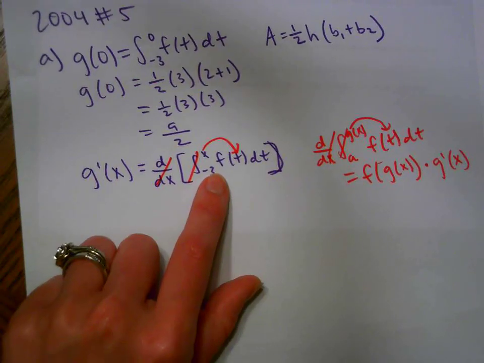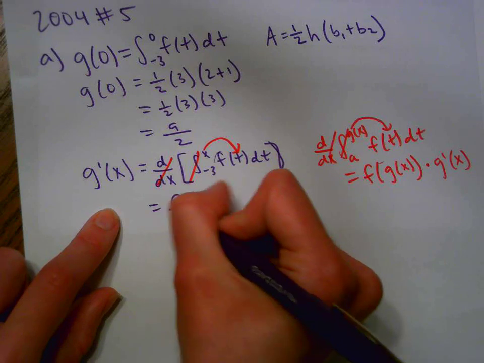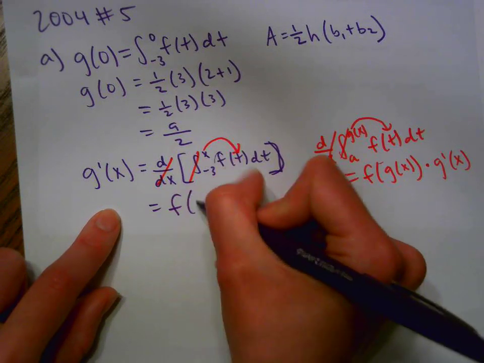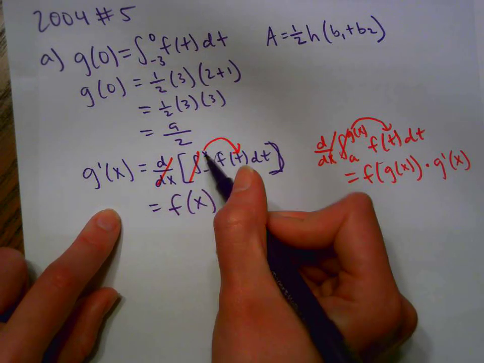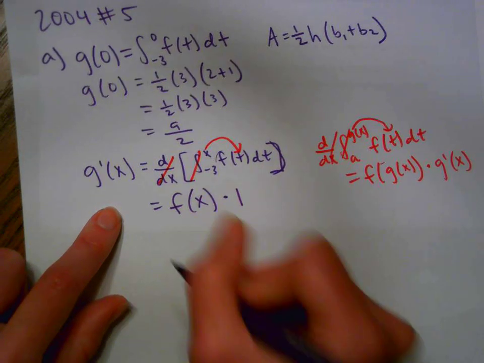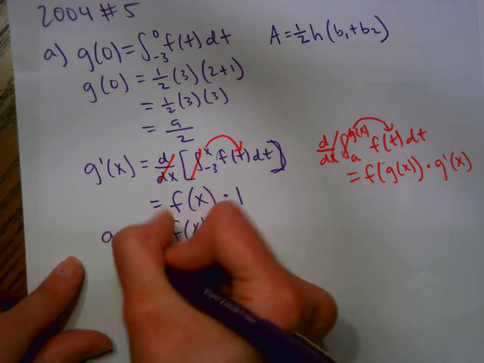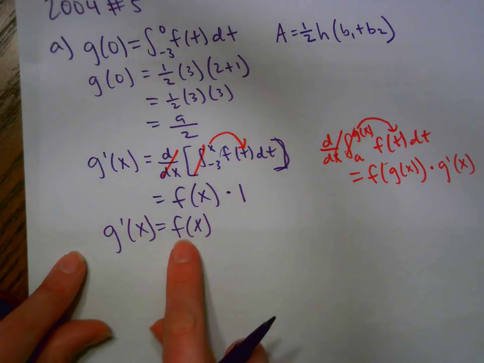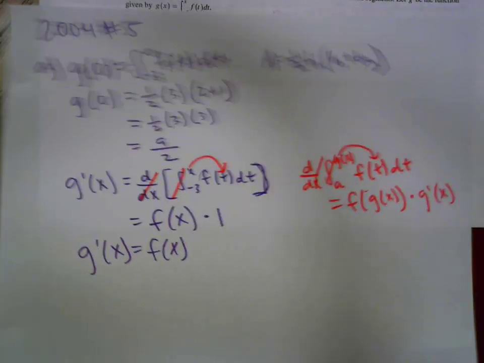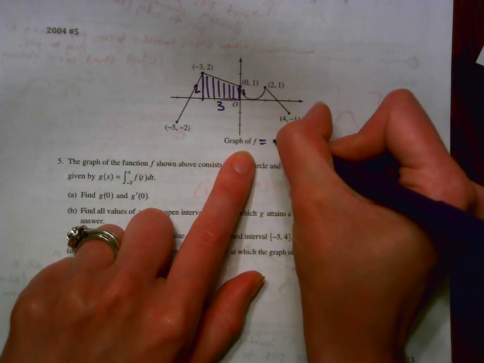So over here, these cross off, we're keeping this just f, but now we're replacing t with x, and then times the derivative of what we plugged in. But the derivative of x is just a 1, so it's just f of x. So what does that mean? g prime of x just equals f of x. So this is f of x, which now we know is also g prime.